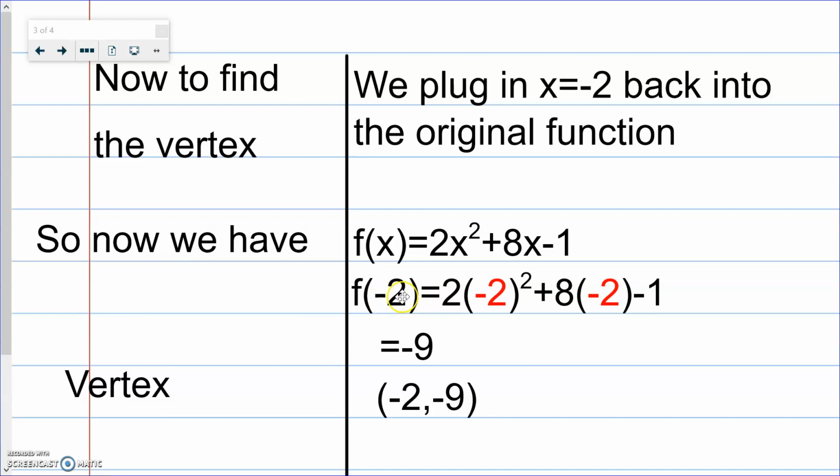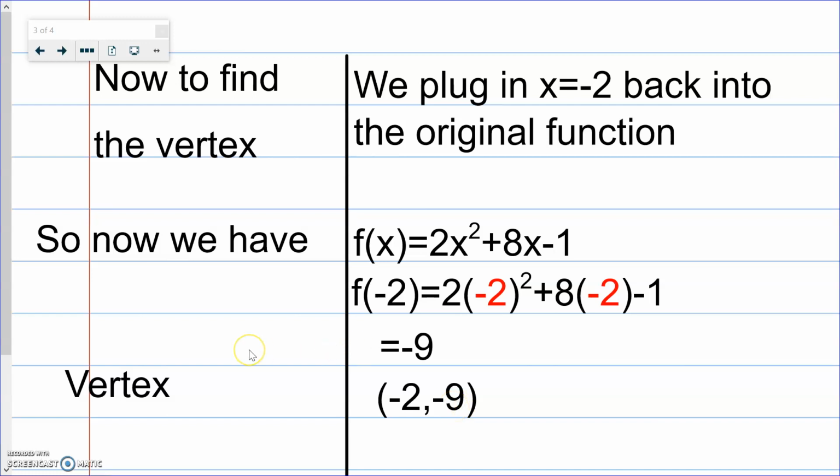This is saying what number we're plugging in for x now. 2 times negative 2 squared plus 8 times negative 2 minus 1. Use your calculator for this. It'll make it a lot easier. If you need help, come see me. And we get out the value of negative 9. So our vertex is the negative 2 that we plugged in, and our output, which is negative 9.